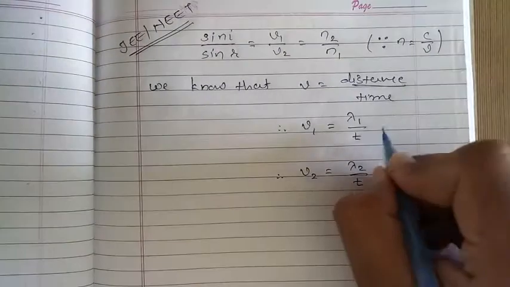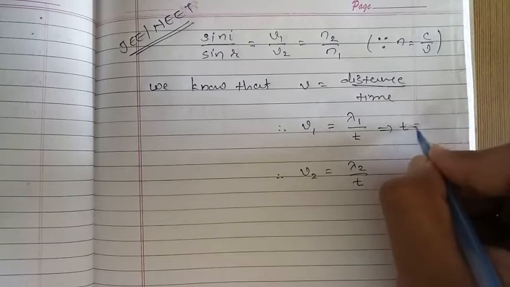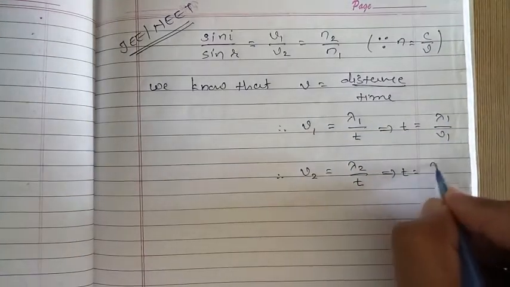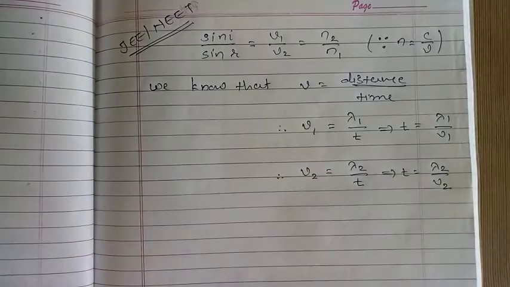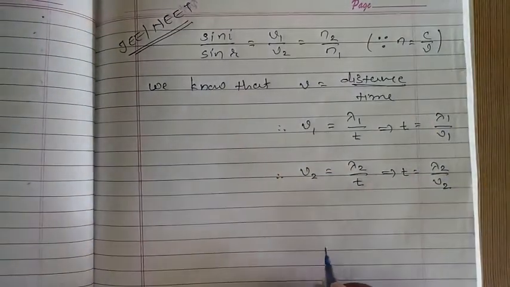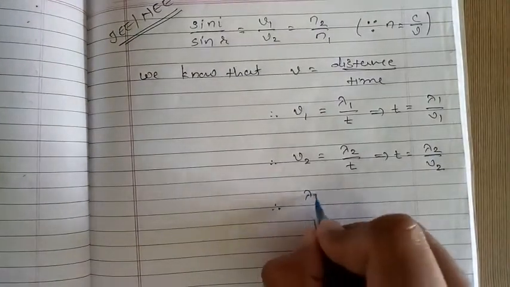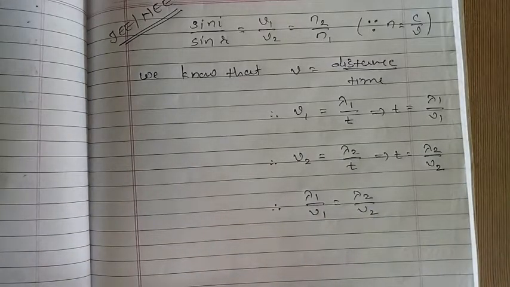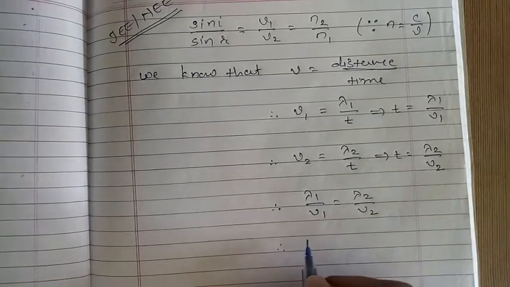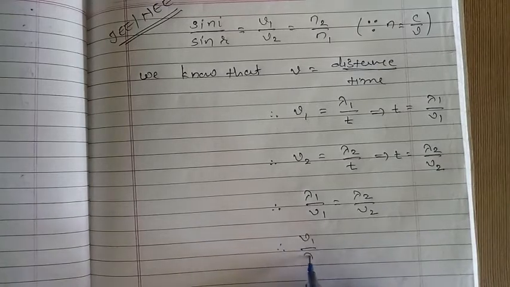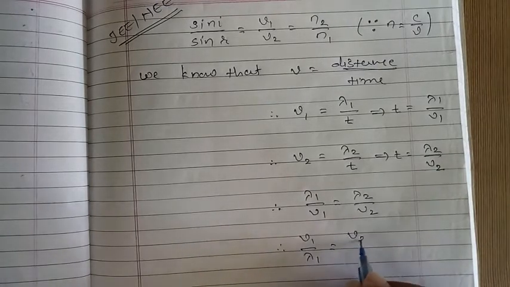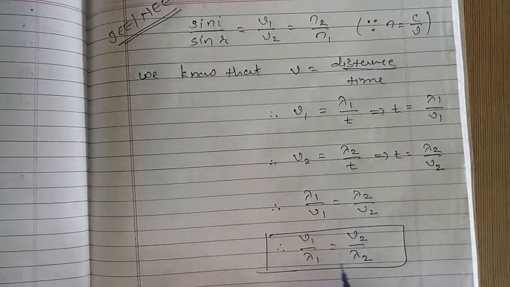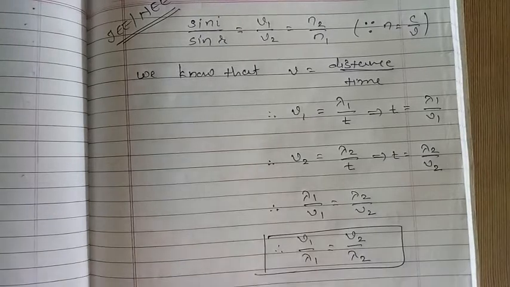Here the time is the same, so time is equal to lambda 1 upon V1 and also lambda 2 upon V2. Comparing, lambda 1 upon V1 is equal to lambda 2 upon V2, or V1 upon lambda 1 is equal to V2 upon lambda 2, or V1 upon V2 is equal to lambda 1 upon lambda 2.